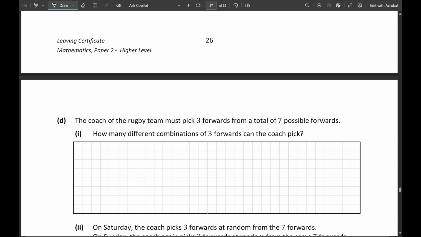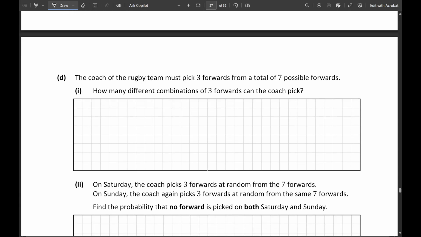The rugby team must pick 3 forwards from a total of 7 possible forwards, and different combinations of 3 forwards. Well, it'll just be 7 choose 3, which is 35.